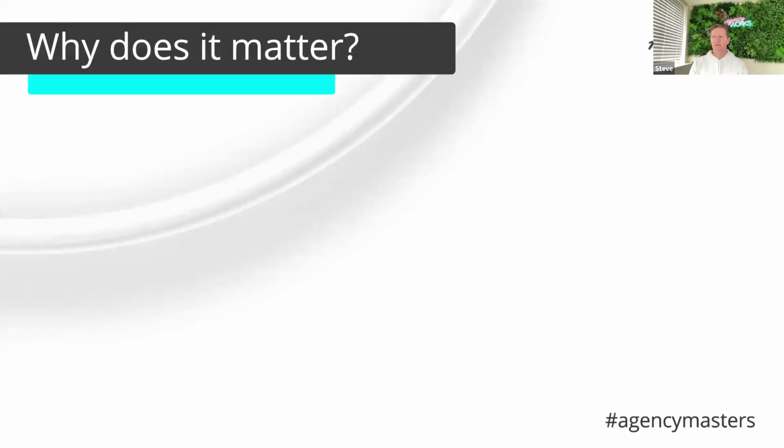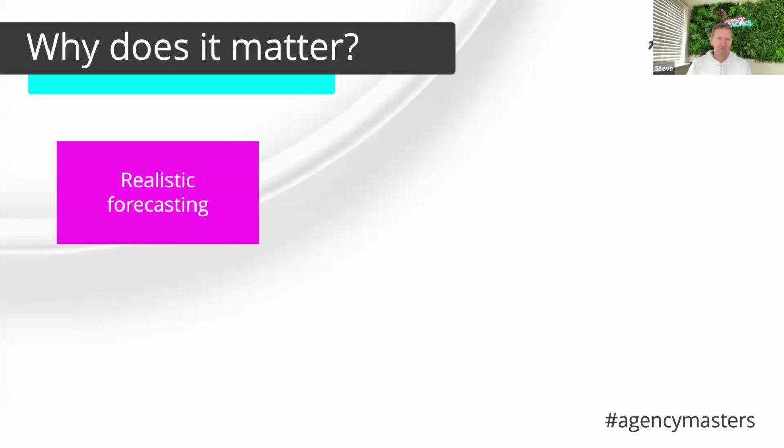Absolutely. In terms of why you track utilisation, we get asked this, and I think there are a number of reasons why it matters. We've picked out a few of hopefully the top ones. The first one is around forecasting, because until you define your utilisation target, it will be difficult to set your forecasts.